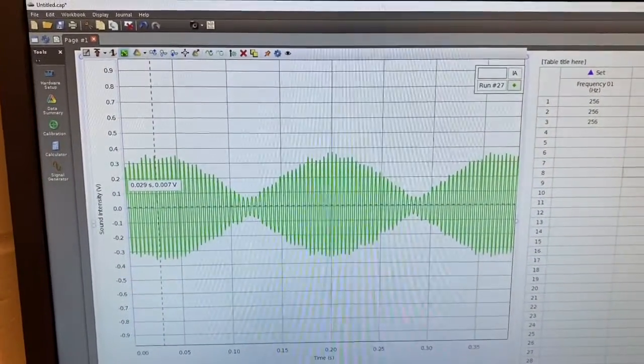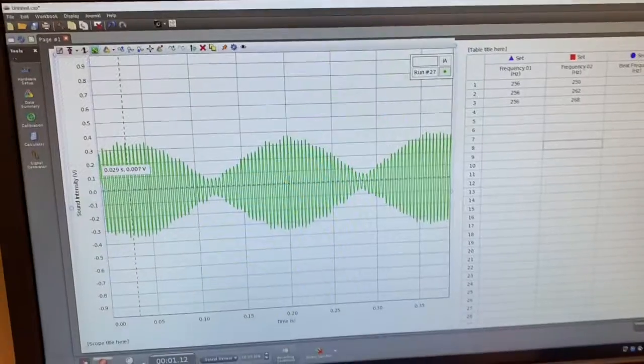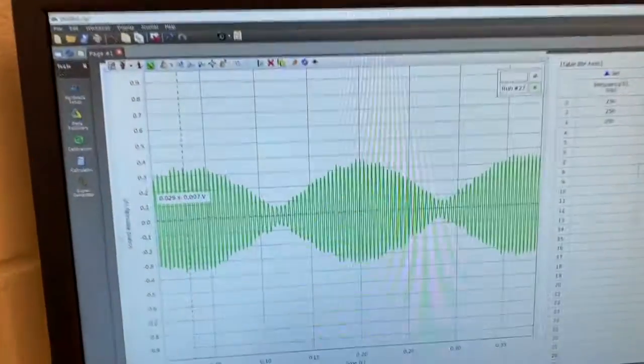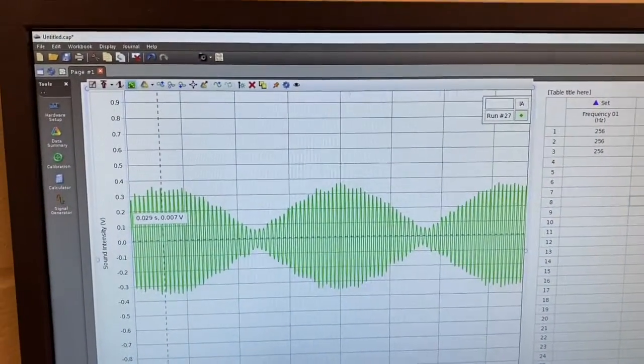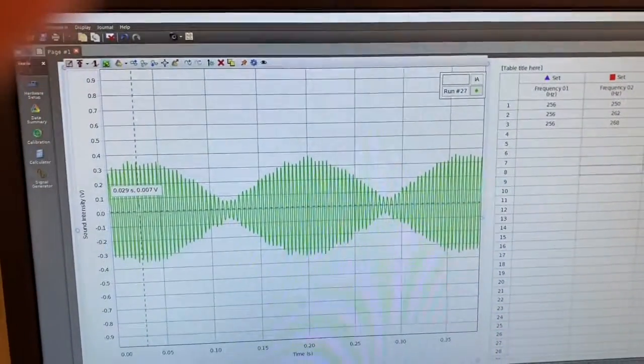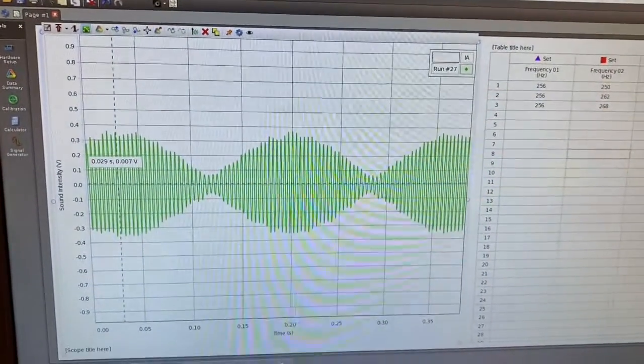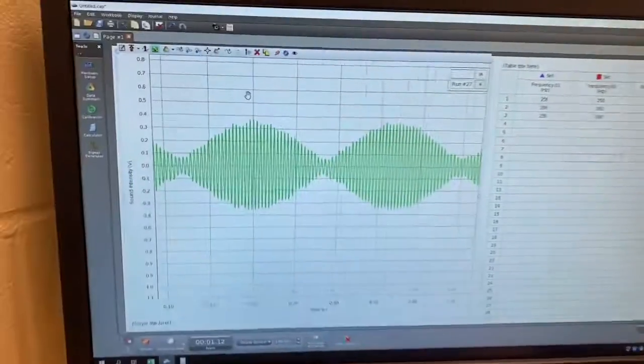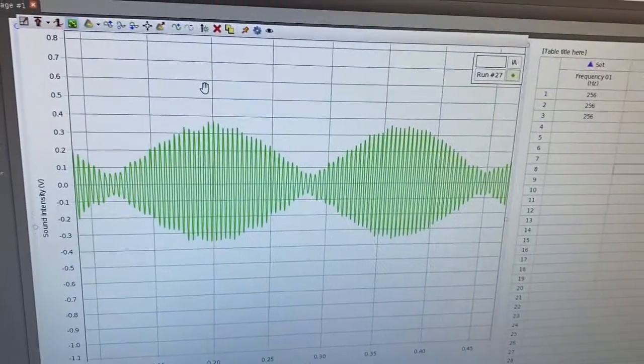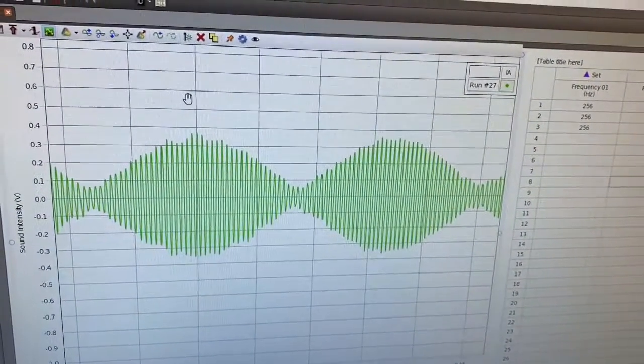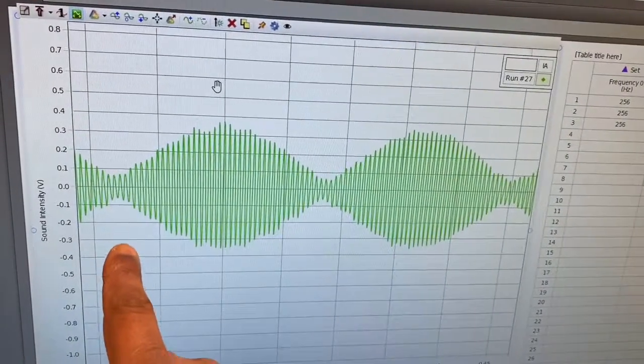Now I can turn off the speakers. Now I'm going to measure the frequency of this resultant wave and the beat frequency. Okay, now I'm going to measure the beat frequency. To measure the beat frequency, this is what I have to do.